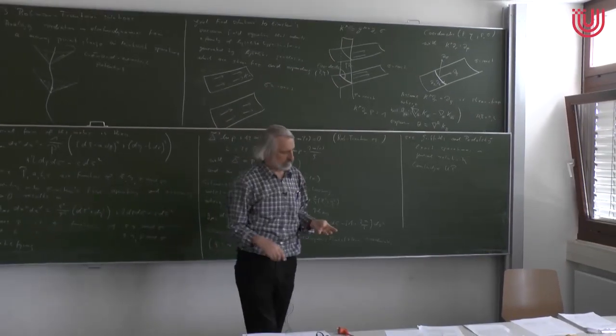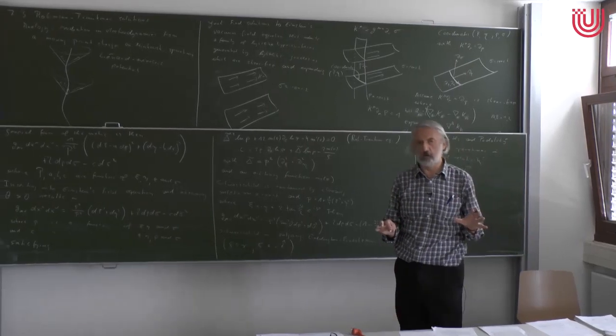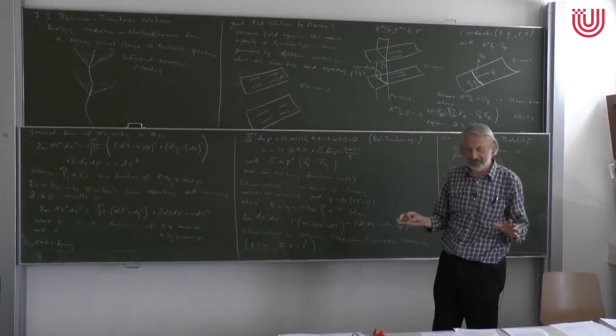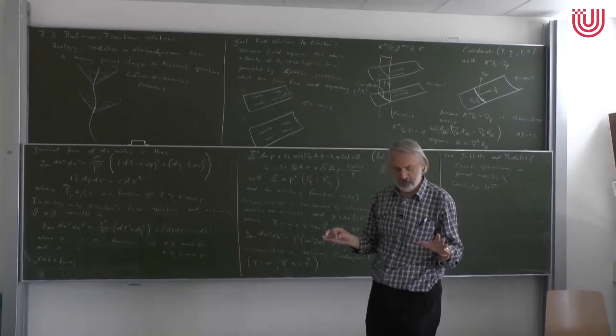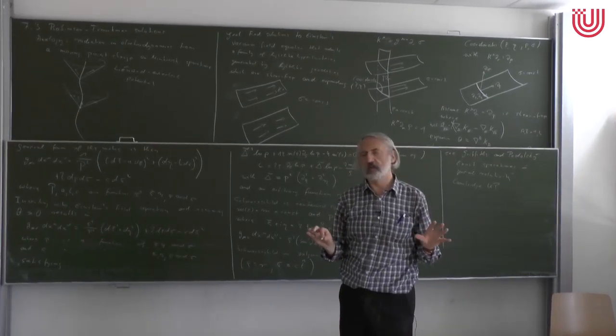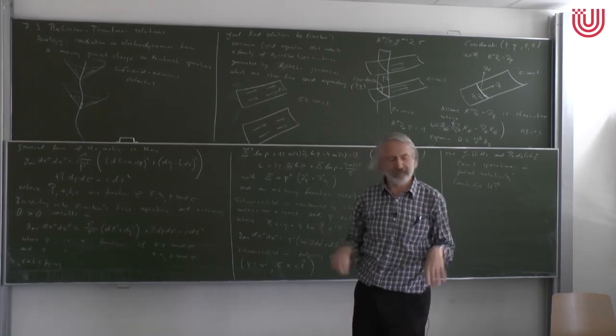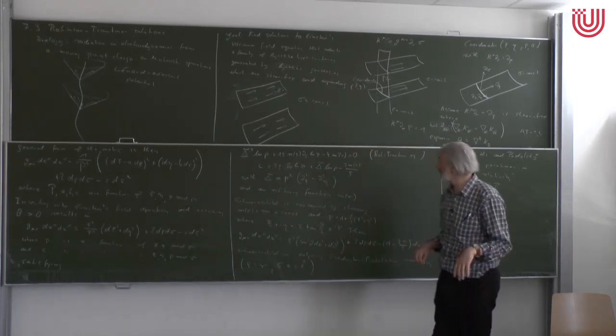Anyway, this is a collection of many, many known solutions to Einstein's field equation. The physics of the solutions is not discussed in great detail. The book is fat enough. Just by collecting the solutions, it has become a fairly fat book.